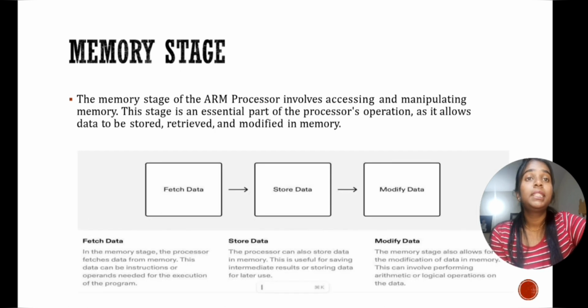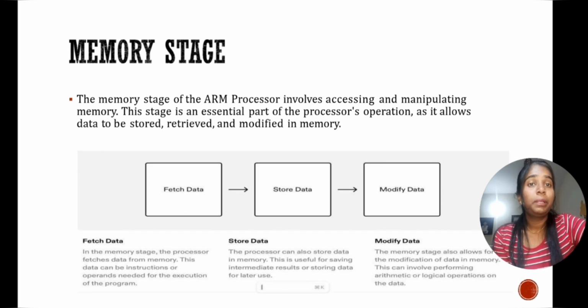The next stage is the memory stage of the ARM processor, which involves accessing and manipulating memory. This stage is an essential part of the processor's operation as it allows data to be stored, retrieved and modified in the memory. Fetch data: in the memory stage, the processor fetches data from the memory.